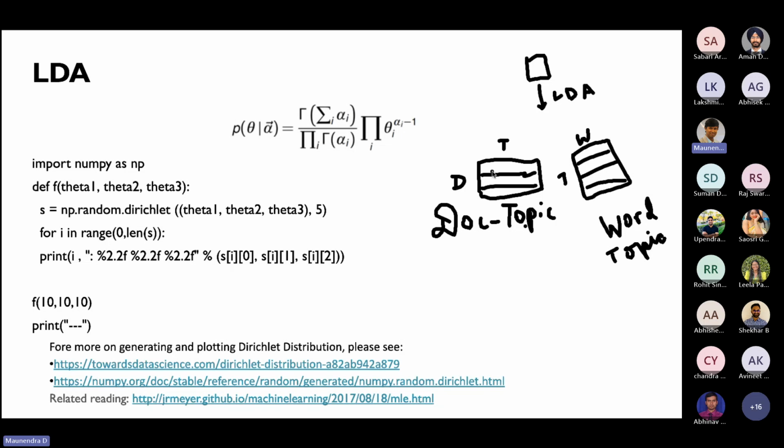So additionally, if your T is say some 10, 20, 100, whatever, for each document you are getting a 100-dimensional vector, which can also be considered as a document representation. Here T is topic and W is word. For each word also, you can consider that I have a distribution over belongingness over the different topics.